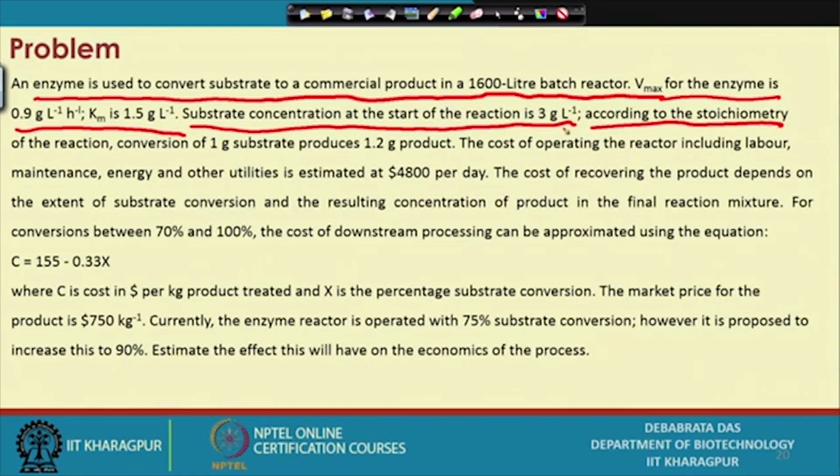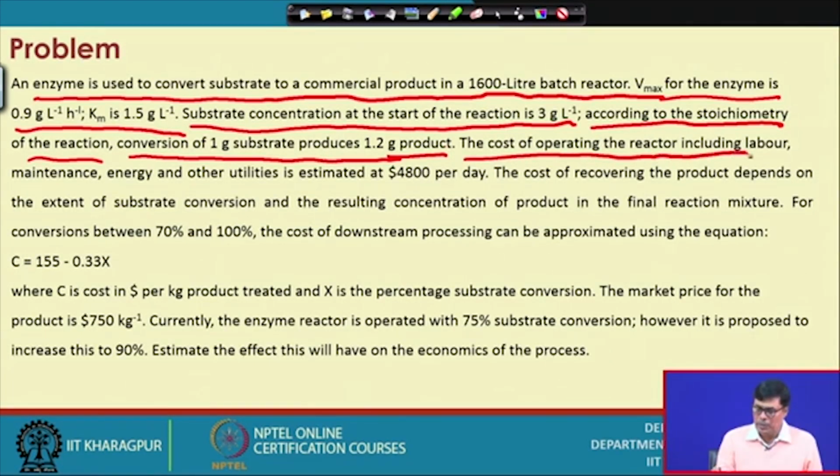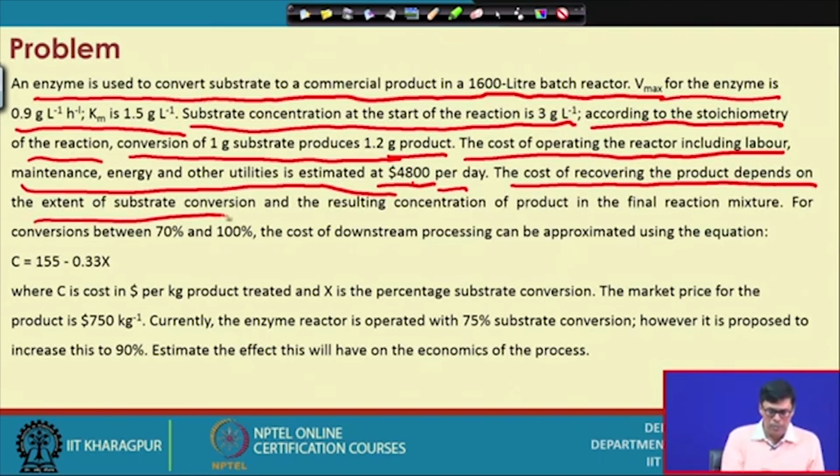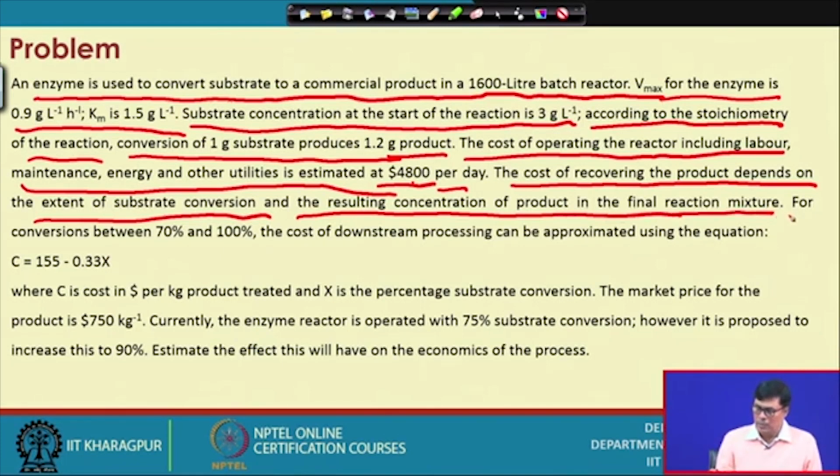According to the stoichiometry of the reaction, 1 gram of substrate produces 1.2 gram of product. The cost of operating the reactor, including labor, maintenance, energy and other utilities, is estimated to be $4,800 per day. The cost of recovering the product depends on the extent of substrate conversion and the resulting concentration of the product in the final reaction mixture.